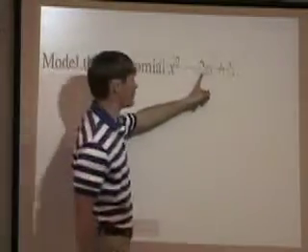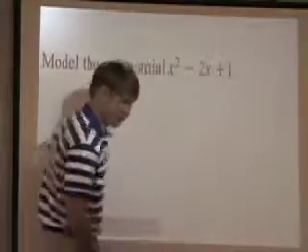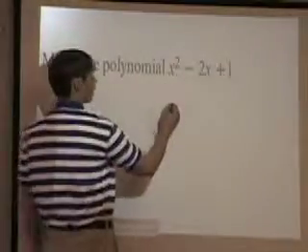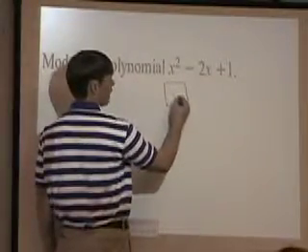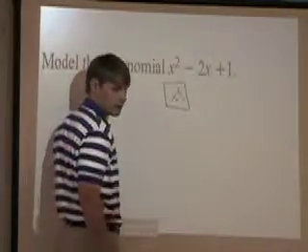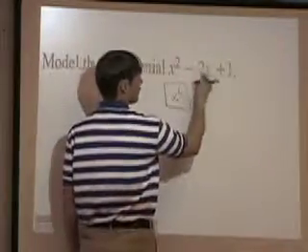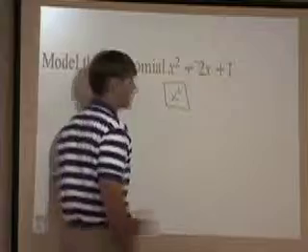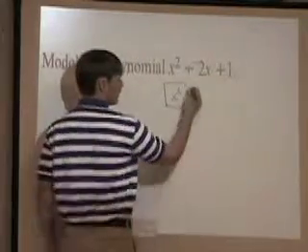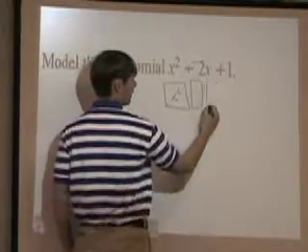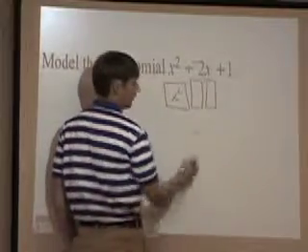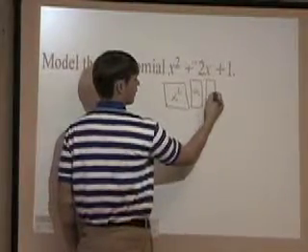Now they want us to do x squared minus 2x plus 1. So this is how I want you to draw it in your homework. X squared is a square block, and you just write x squared in it. Minus 2x, when you change the sign to the opposite, it's the same as negative 2x. So you draw two of them, 1, 2, and you write negative x in each one.